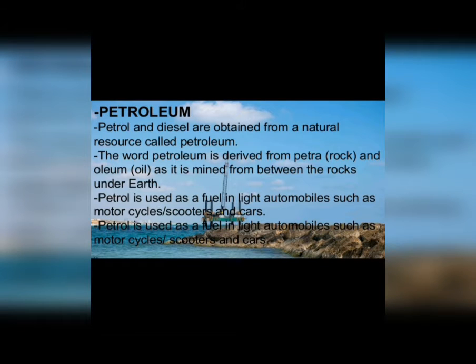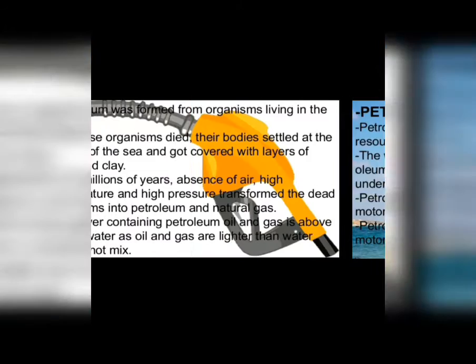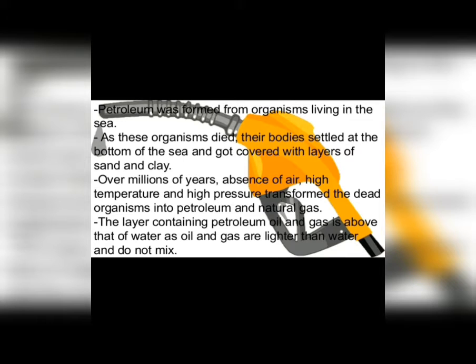Now the question arises, how was petroleum formed? See, students, petroleum was formed by the decomposition of the remains of tiny plants and animals buried under the sea millions of years ago.